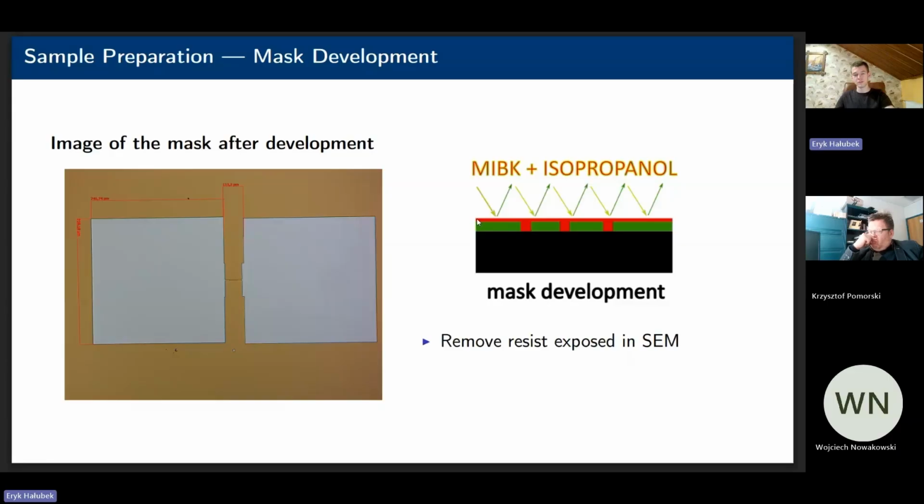There's just a few nanometers, let's say, that is removed due to this interaction. But in places where there was exposure to the electron beam, everything is removed. Okay, thanks for the explanation. Please go ahead.